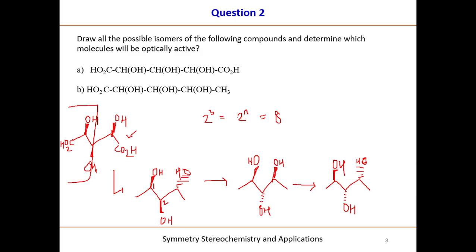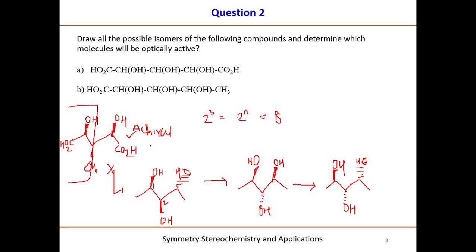If any symmetry element is present, the molecule is achiral and symmetric. And when a molecule is achiral and symmetric, it shows no optical activity. That means it is optically inactive. This isomer is optically inactive.